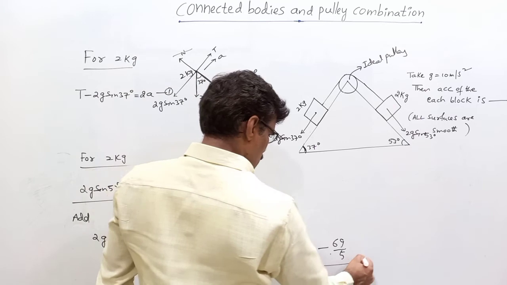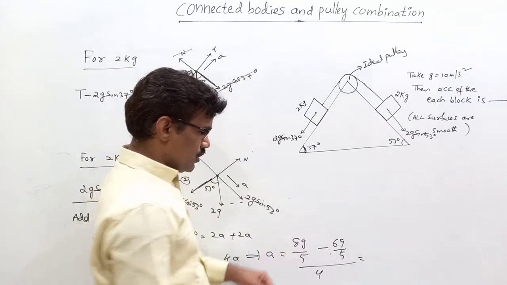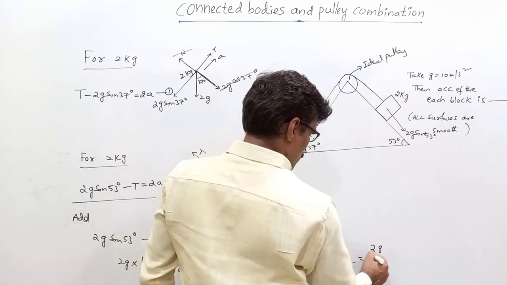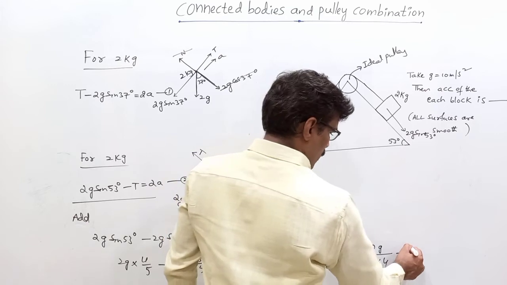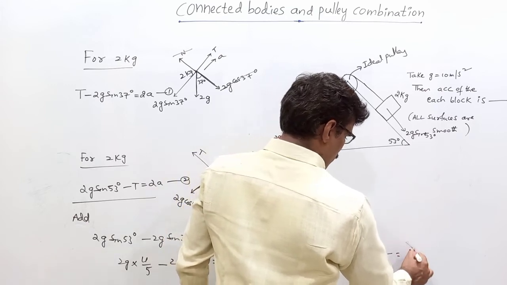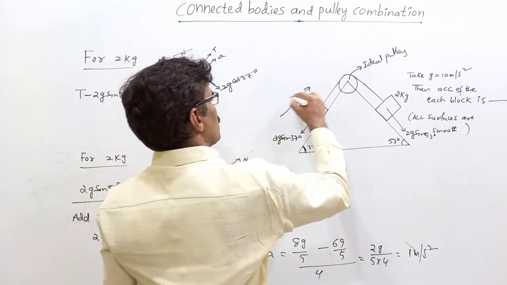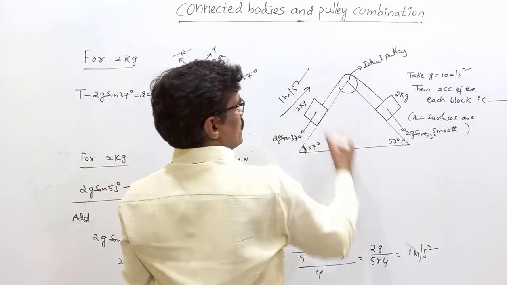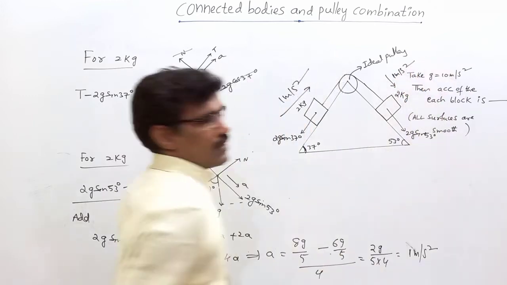The denominator is the same, so that is 2g by 5 into 1 by 4, which is equal to 1 meter per second squared. This moves in this direction with acceleration 1 meter per second squared.